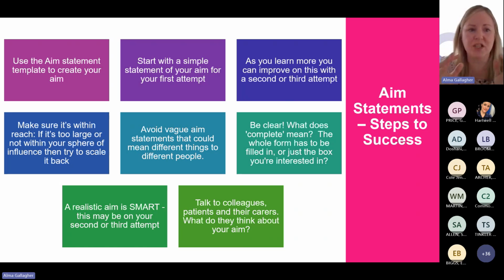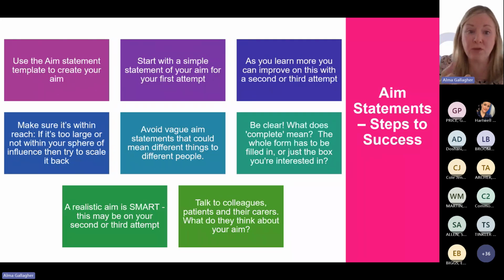Make sure also it's within your reach. If it's too large, or if it's not within your sphere of influence, then try and scale it back to being realistic. That's really, really important. And again, avoid a vague aim statement that could mean different things to different people. So it's really important that you're clear. What does complete mean?